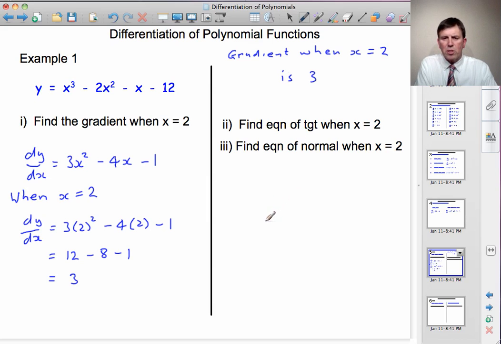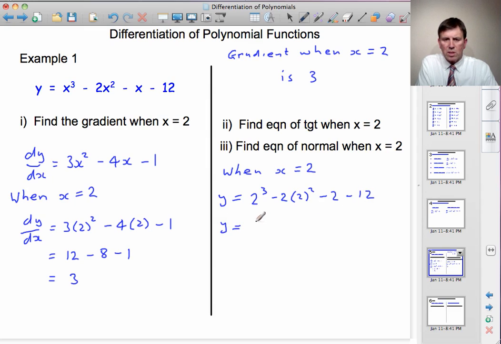Now we want to find the equations of the tangent and normal to the curve at the point when x is 2. And to do that, I'm going to need the y coordinate on the curve. So let's first find the y coordinate. And we do that by saying when x equals 2, y equals, and we substitute the value 2 in the equation for y. So it's 2 cubed minus 2 times 2 squared minus 2 minus 12.